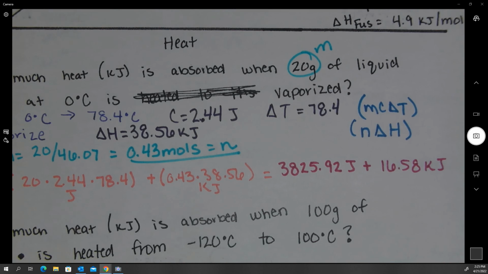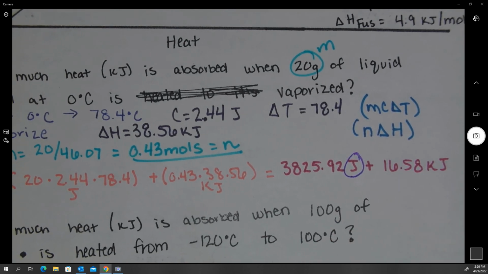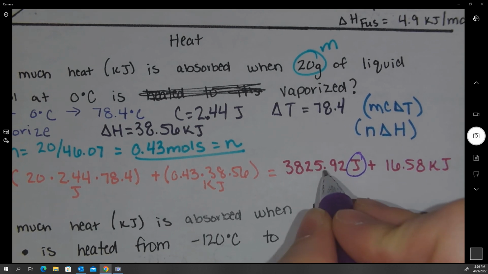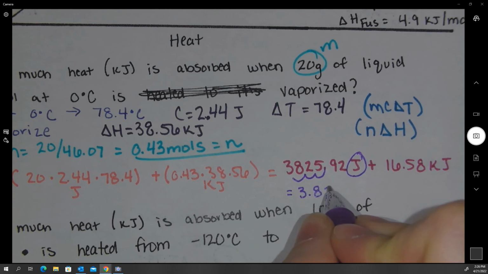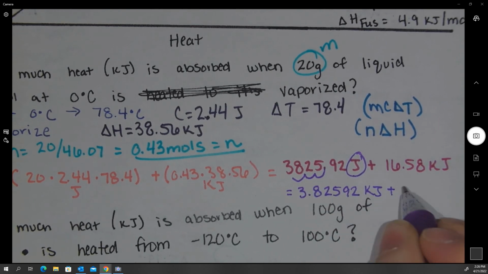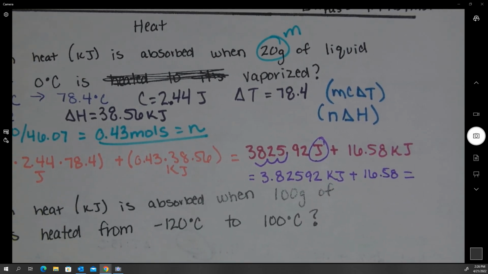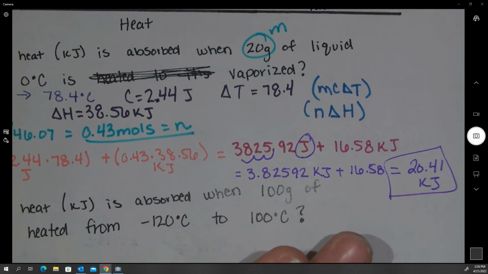What do I need to do with my joules? Divide it by 1,000. When you add those two together, you should get roughly 20.41 kilojoules.